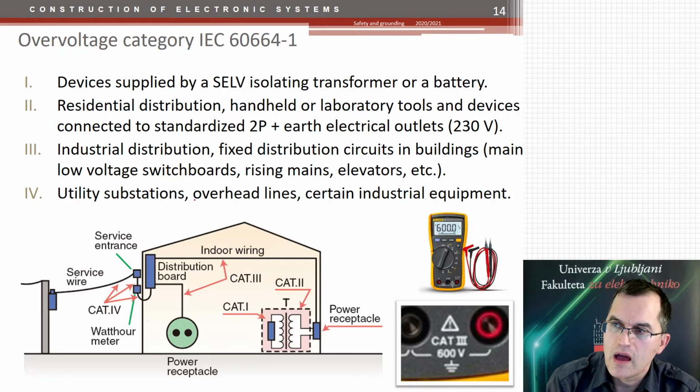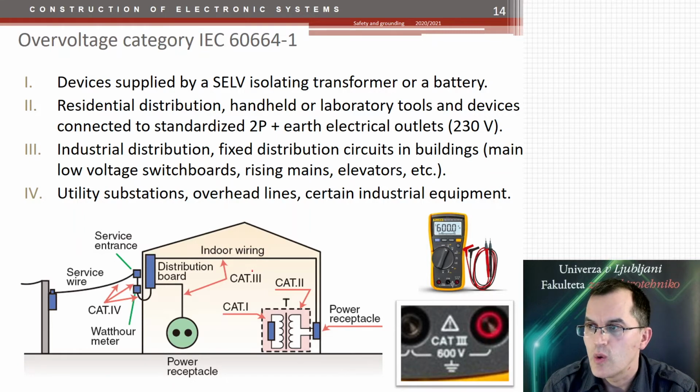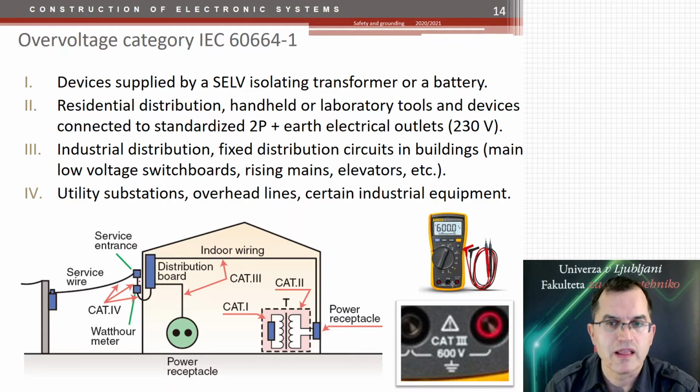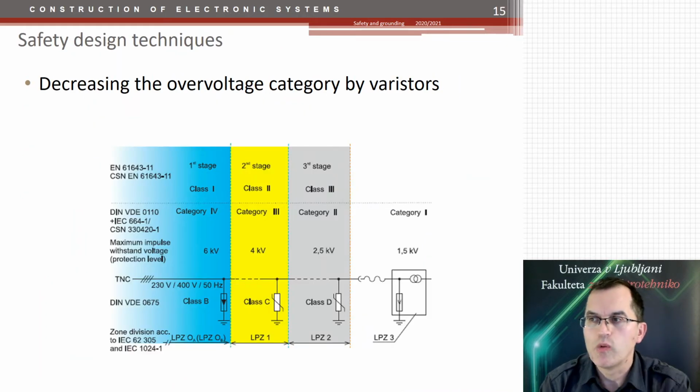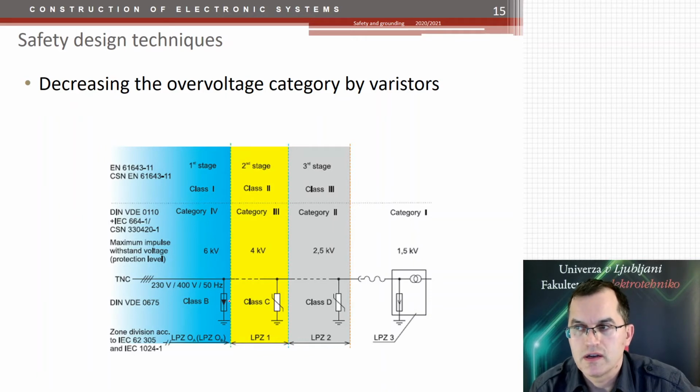For example, because of a lightning strike, you would have a much larger high voltage pulse on the mains network outside your house than within your distribution network inside, because you have some protection devices that have to be installed in different levels of your power supply grid to lower the voltage spikes caused by lightning and other such events.